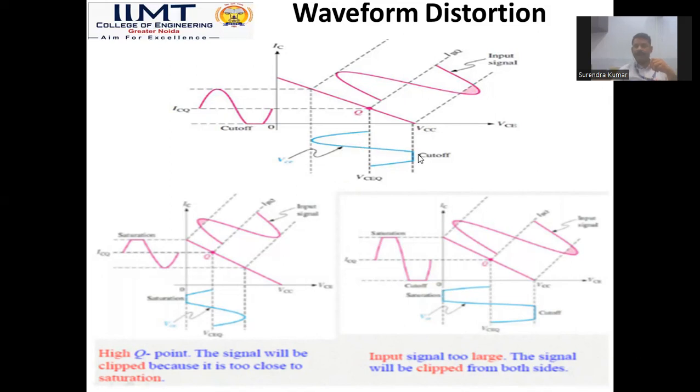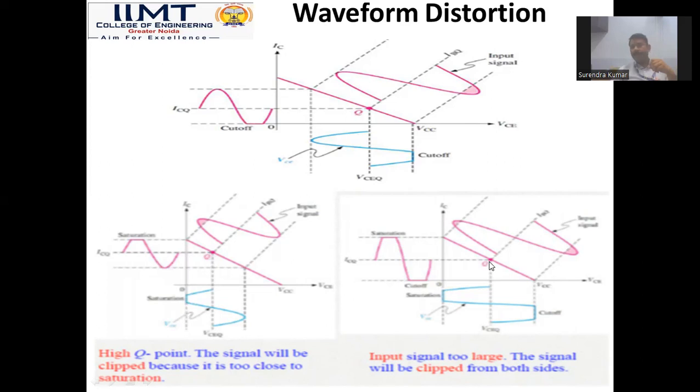In this first diagram, we can see the Q point is shifted towards the cutoff region, and at the output we don't have this part of the waveform. So we can say the output waveform is distorted. In the same way, if the Q point is shifted upward, then we will lose this part of the waveform.